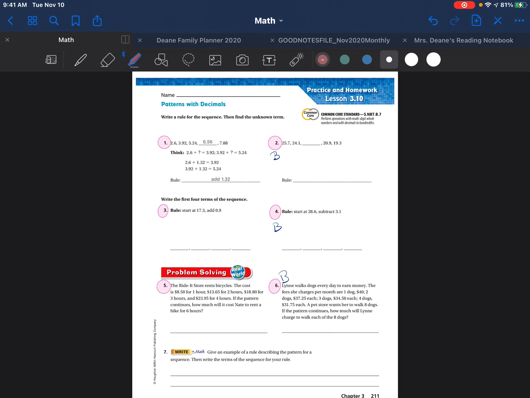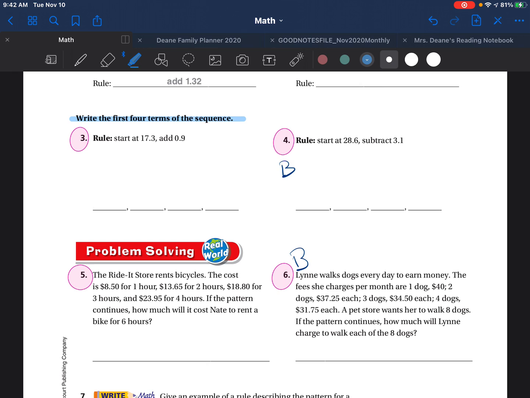So for problems 1 and 2, you are to write the rule for the sequence and then find the unknown term. And then for problems 3 and 4, you are to write the first 4 terms of the sequence. So it gives you the first term. It tells you what to start with.